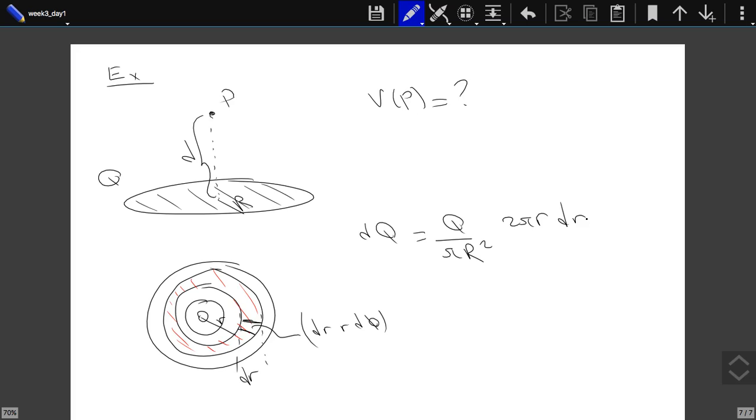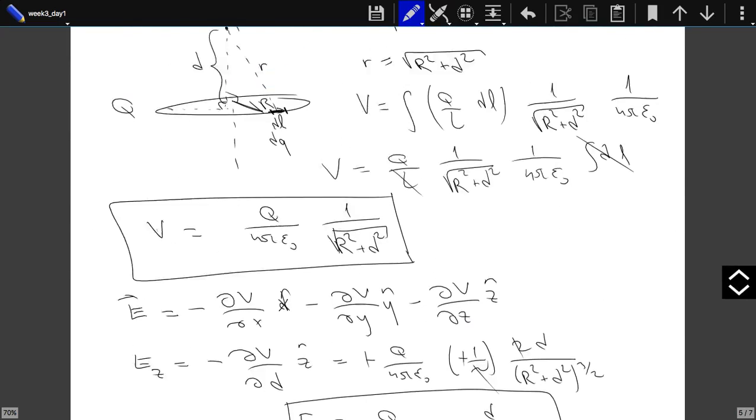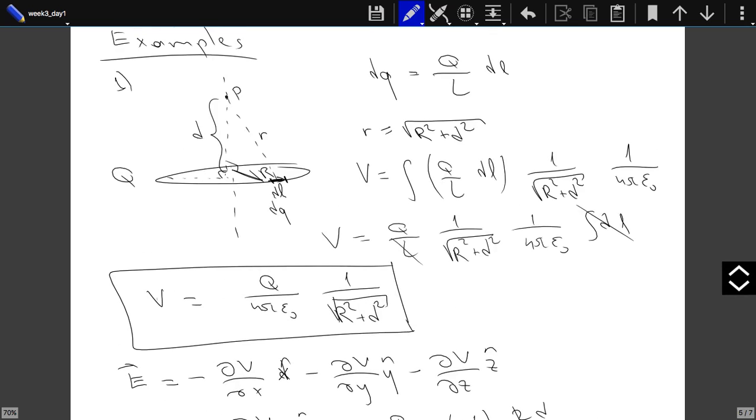Now, we know the charge of this ring, we know the radius of this ring, so we can just write down the potential of that ring. dV will be equal to 1 over 4 pi epsilon 0 times the charge of the ring. Let's go back to our previous example. You see the potential is 1 over 4 pi epsilon 0, this is the charge of the ring, and this is the distance of the ring from that point. Not the distance of the center, but the distance of one of the points on the sides.